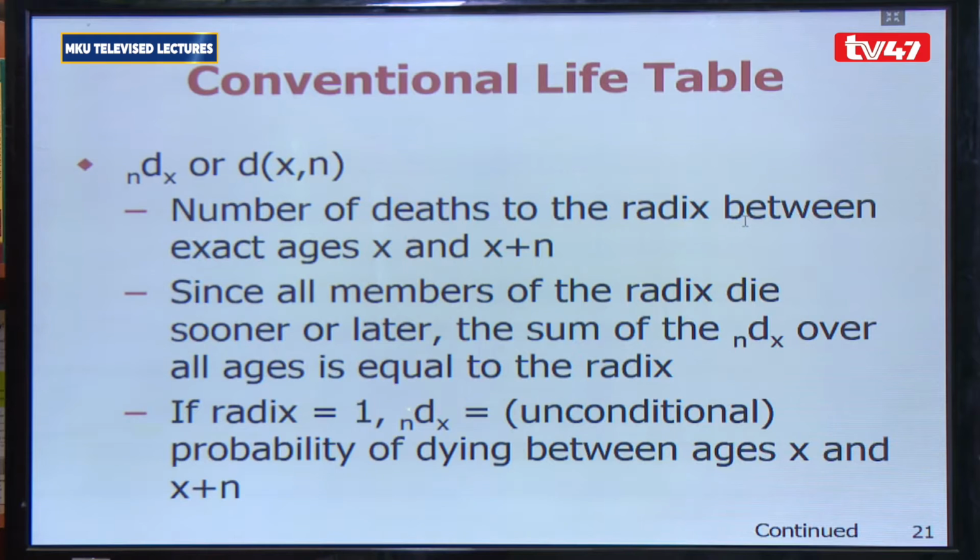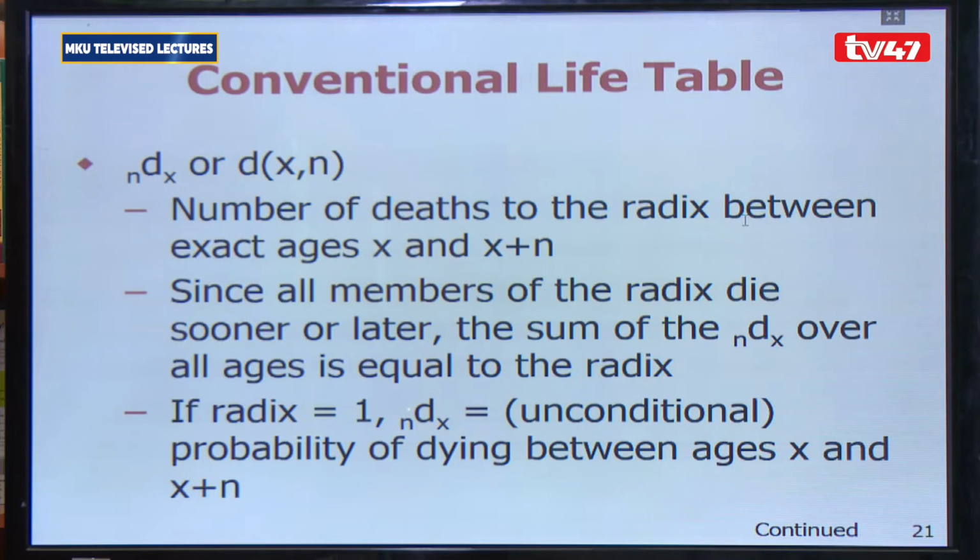So in our case, from our example, the radix, the first entry is 100,000. Then we have ndx. This is the number of deaths to the radix between the exact ages x and x plus n. Since all the members of the radix die sooner or later, the sum of the ndx over all ages will equal the radix, or the original number under investigation.